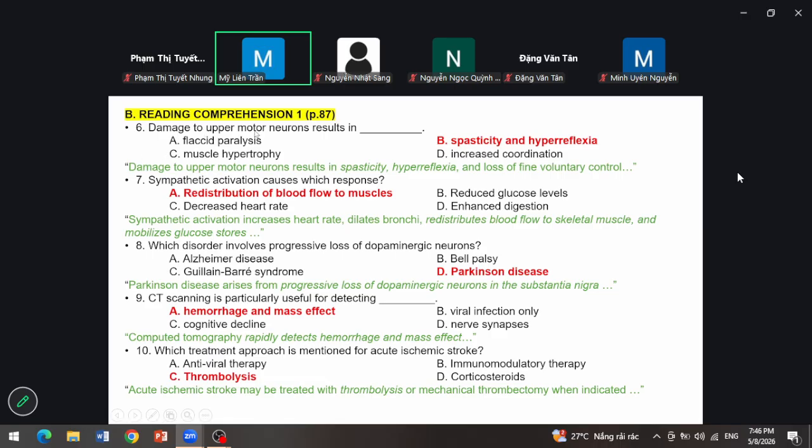Six, damage to upper motor neurons results in spasticity and hyperreflexia. Seven, sympathetic activation causes redistribution of blood flow to muscles.